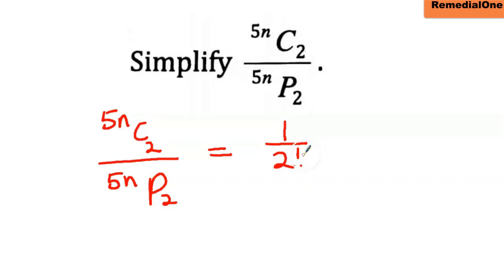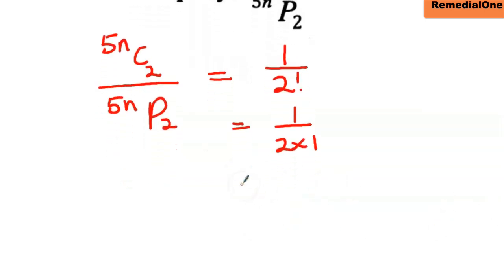You can go back and see the last example. We established that combination over permutation will give us the item that we are taking to select or arrange. And 2 factorial is the same as 2 times 1. And this is equal to 1 over 2.